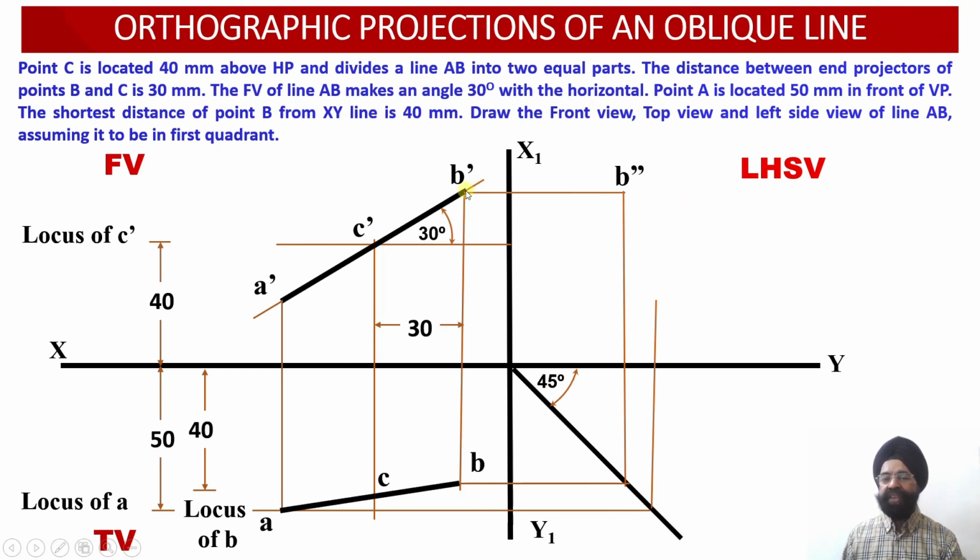So from B dash, let us draw a horizontal projection line. We know that this is the height of the point B dash in the front view. At the same height, we will be obtaining the location of the point B double dash in the left hand side view projections over here. So from B dash, we have drawn a horizontal projection line and extended it up to the vertical projector line which has been obtained through the point B distance in the top view projection over here.